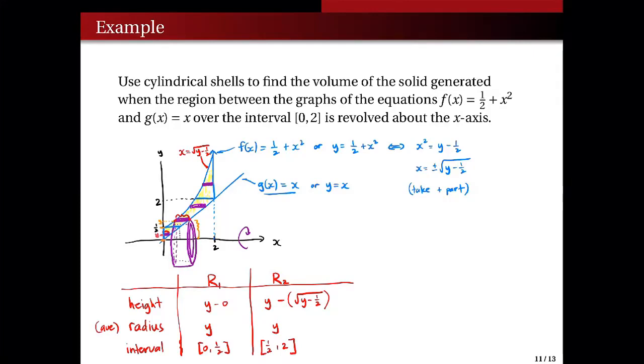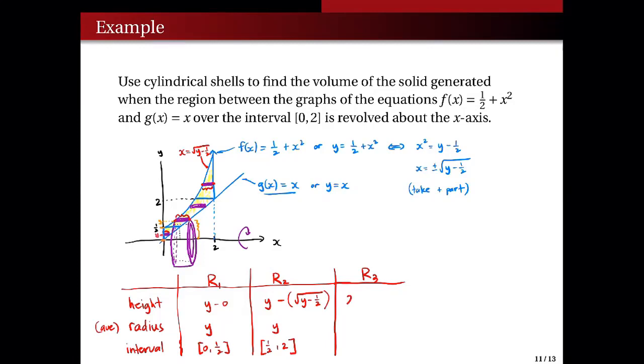Last, for region 3. Region 3 is this guy here. If we consider this strip, this is the height. The height will be from this point, which is your x equals 2, up to this point, which is your parabola, x equals square root of y minus 1 half.